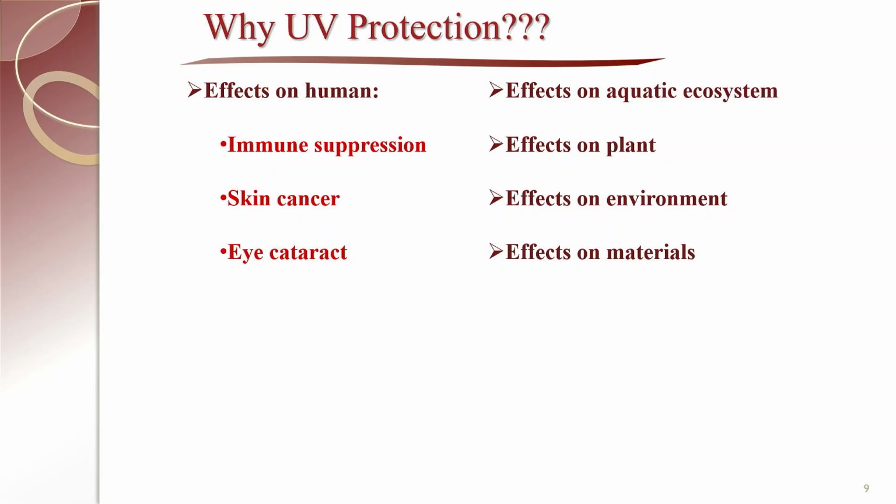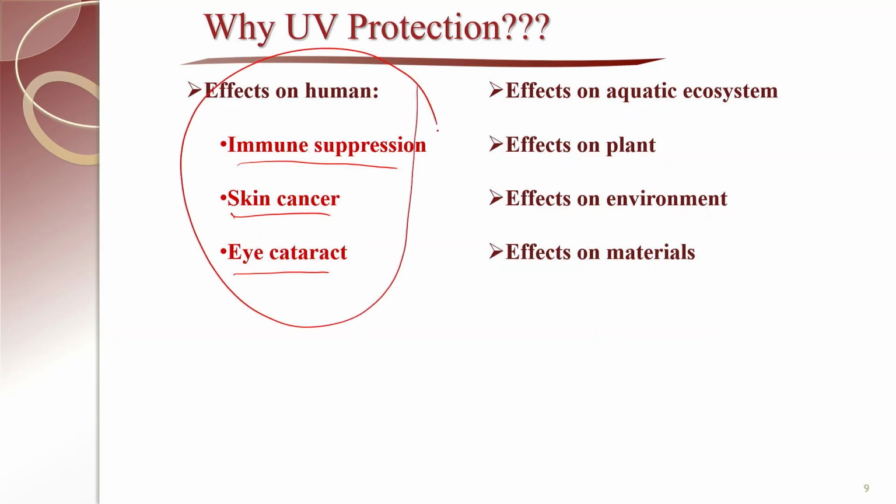Now, there are different effects. So, for human the effect is immune suppression, skin cancer and eye cataract. So, these are the common effects of UV on human body, and it also affects the aquatic ecosystem, the plant and overall environment, and it has great effect on different types of materials like your polymeric material or different materials.